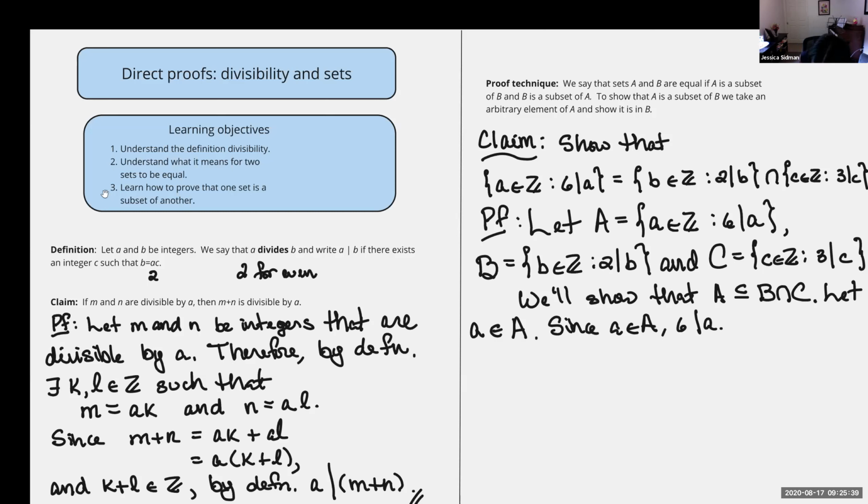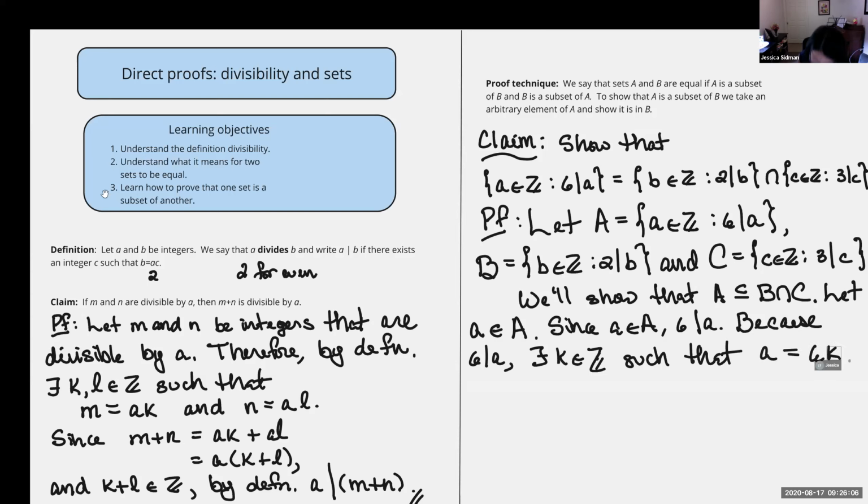So I'm going to say, because I've already used "since" once in this proof, because 6 divides a, by definition, there exists an integer k such that a equals 6k.